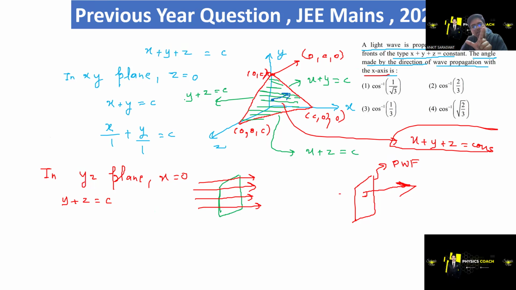Simply, I find two vectors here and there, then the resultant vector will be perpendicular to these vectors. So our ray vector, the ray direction, shows the direction of propagation of light. So I just find the resultant vector here. So what will the final answer be?